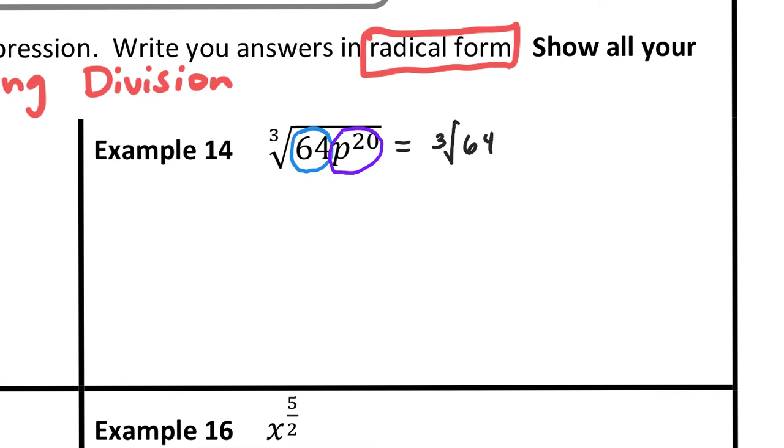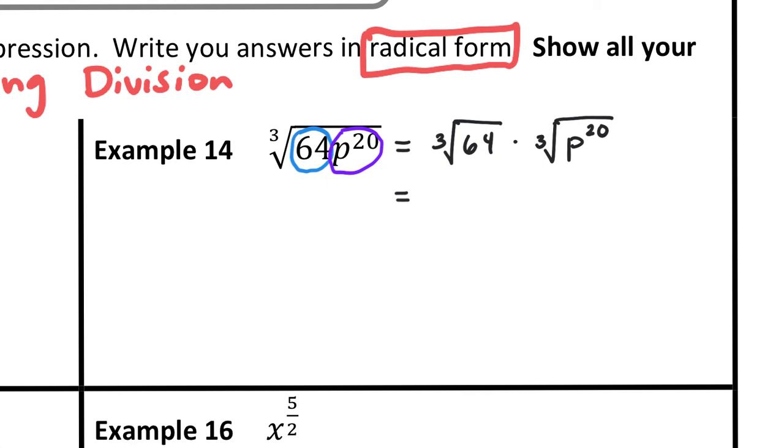So we have the cube root of 64 and then the cube root of p to the 20. So I can separate them into their own cube roots, and then we can solve each individually. So we want to find what's the cube root of 64.